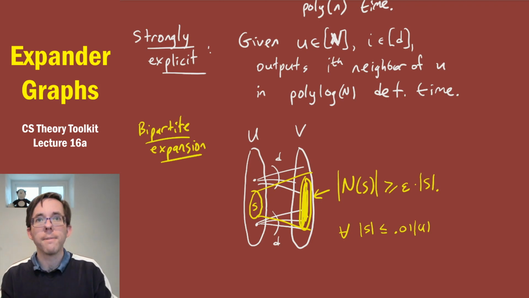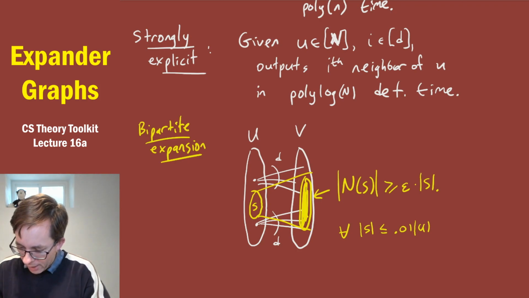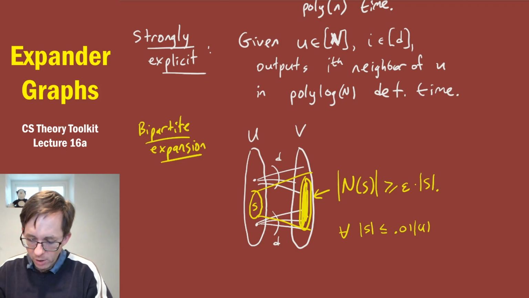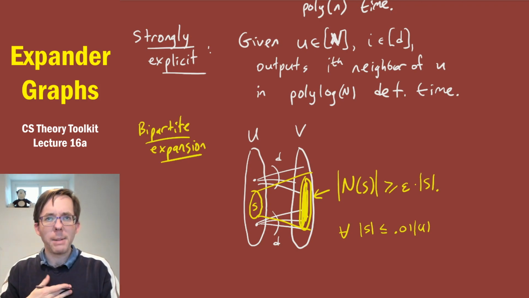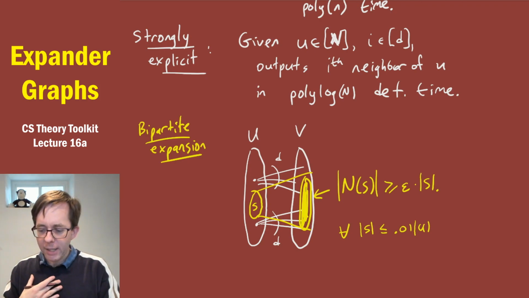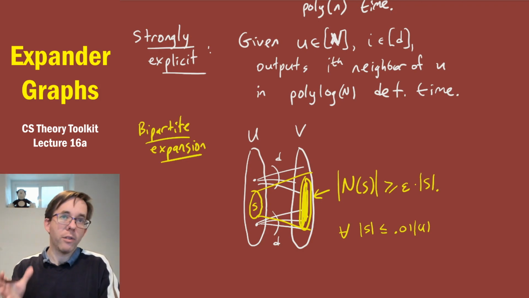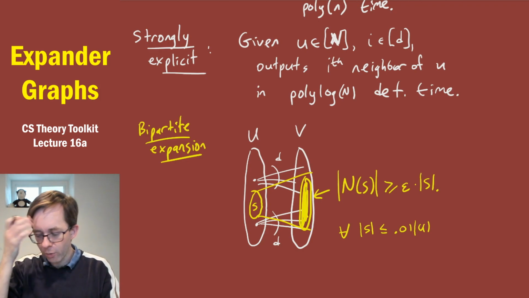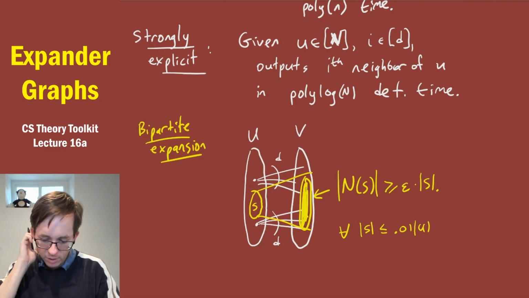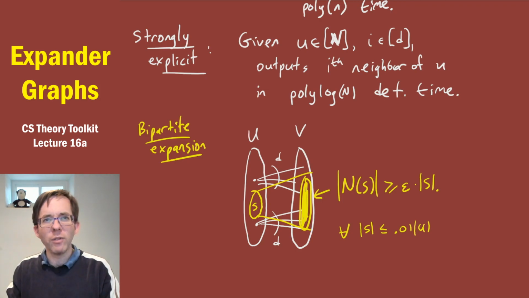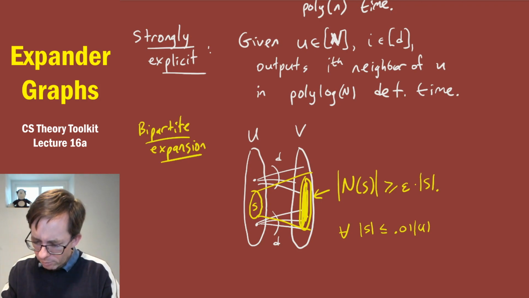What I really want is, oh no, I've said it right, no problem, never mind. Great. So this is a slight twist on expansion, but a similar concept, and I bring it up. It's a little annoying to have to bring it up, but it'd be easier just to focus on the first notion of expansion for regular generic graphs and conductance. But this will be the version that's convenient to explain the applications.